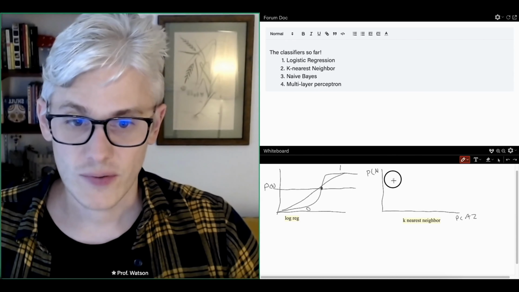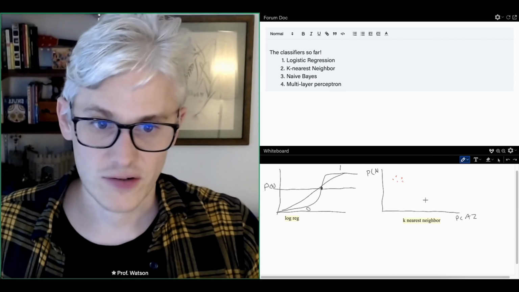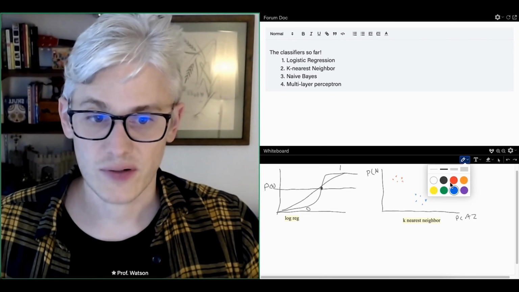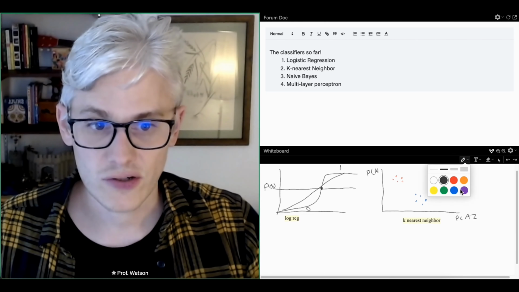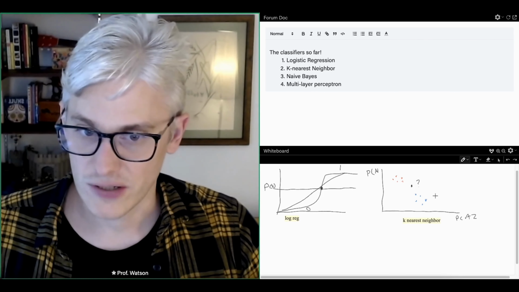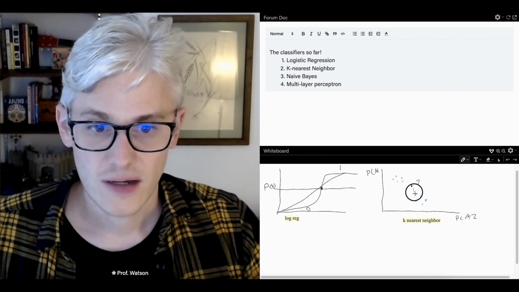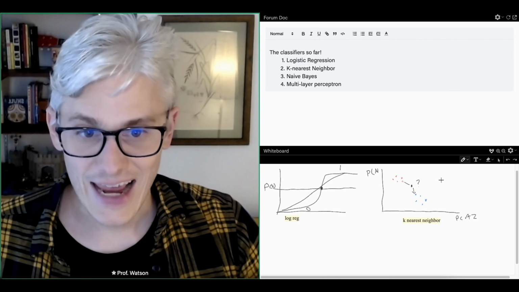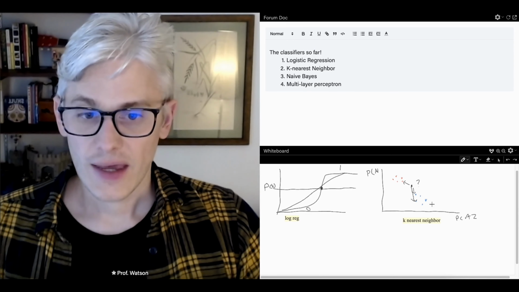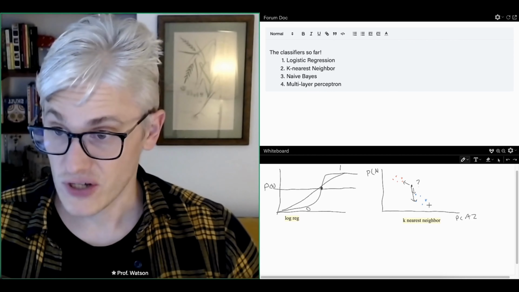With k-nearest neighbor, you have a couple of labeled categories of data, right? All these are classifiers, they're all supervised, so you're going to have category labels. And what k-nearest neighbor is simply going to do is, when given a new data point like this one and asked what category does this one belong to, it is going to measure the distance, usually the Euclidean distance, to the nearest neighbors, and it's going to assign the value on the basis of what those neighbors are.